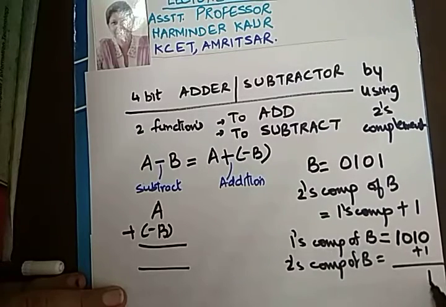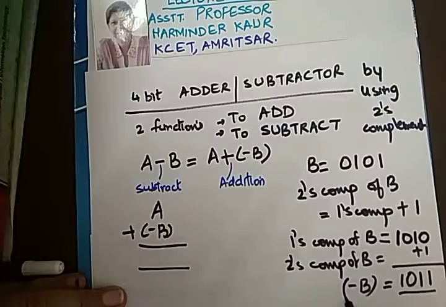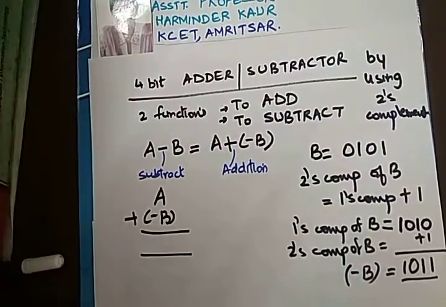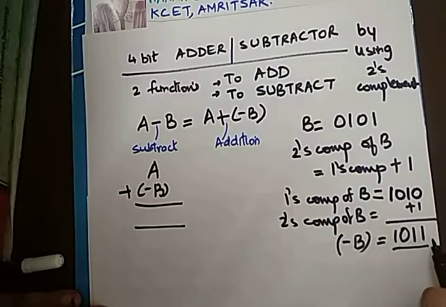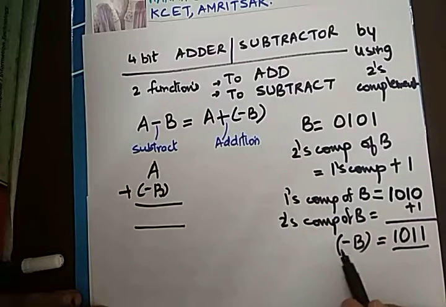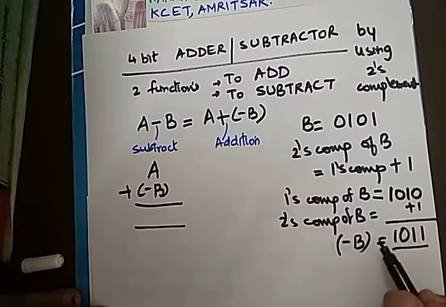So that will be 1, 0, 1, 1. Now this is nothing but representing the negative binary number minus b. Recall that 1, 0, 1, 1 is the 2's complement representation of the negative number minus b.